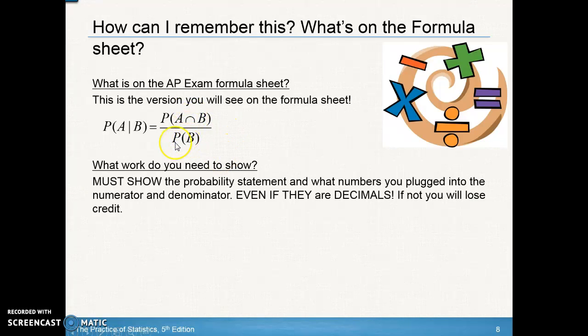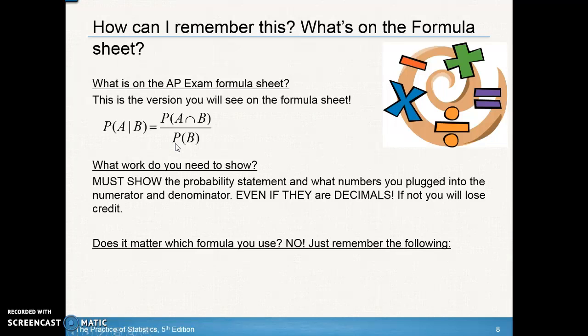If you don't show that fraction, you will not get full credit. Now, it doesn't matter which formula you use, A given B or B given A. All that matters is you know that the numerator is the probability that the events occur together, over the probability that the given events occur, so over the probability of the condition, the one that we already know has occurred.